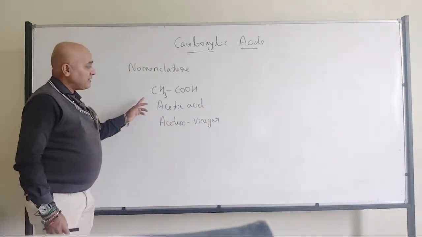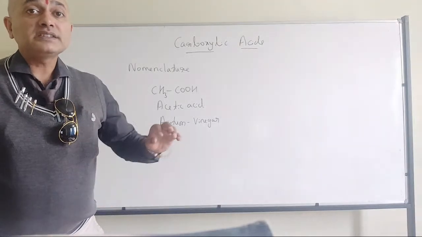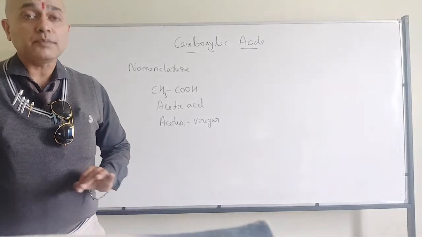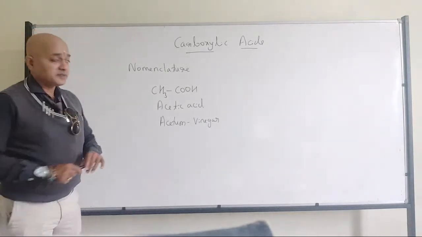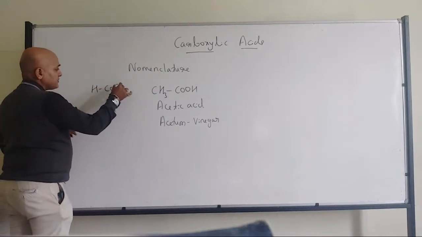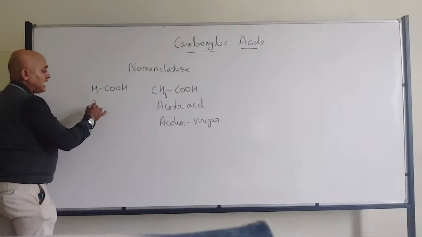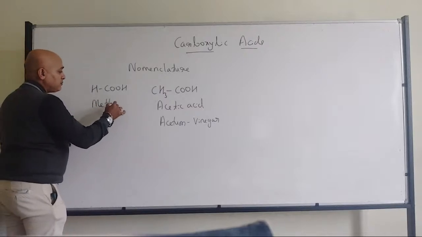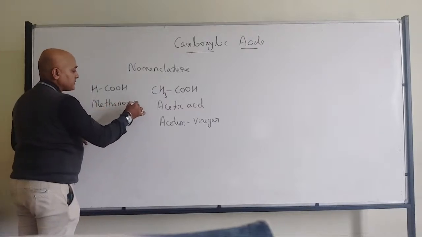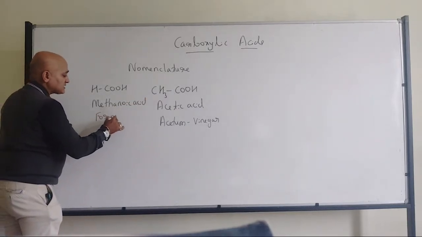So that's where we have acetic acid. This is a common name which is derived from acetum, that means vinegar. Same way we have HCOOH, which is actually methanoic acid, but commonly it is called formic acid.